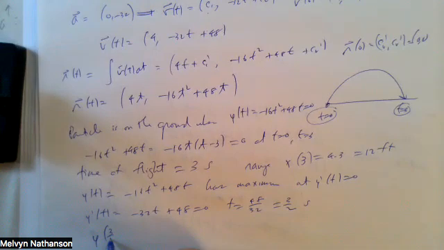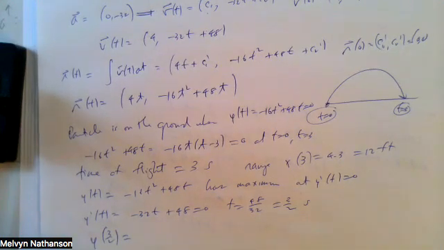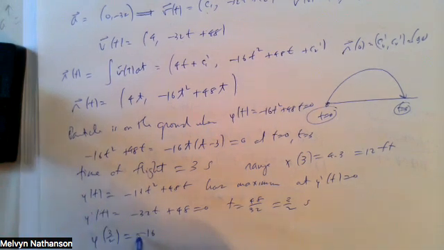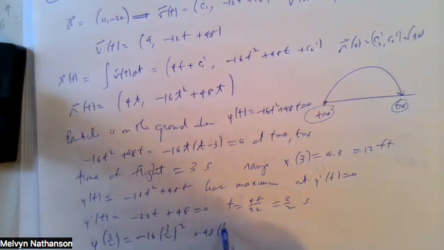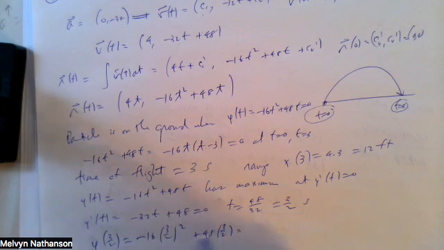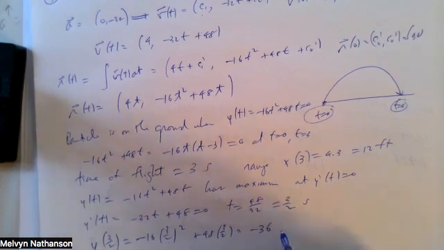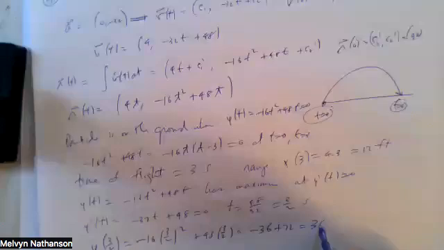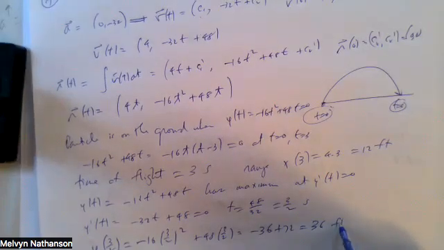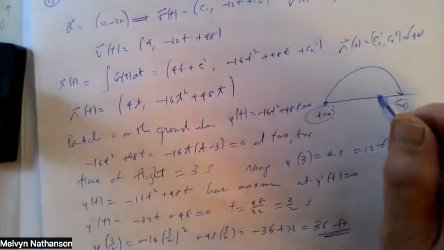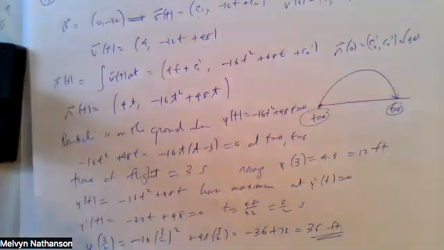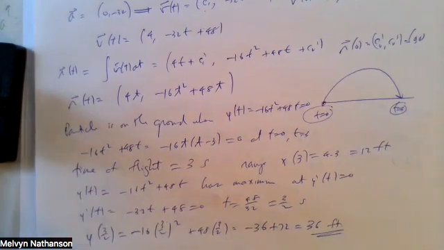And y at time 3/2 is minus 16 times (3/2) squared plus 48 times 3/2. That is minus 36 plus 72, which is 36 feet high. So at its maximum, it's 36 feet above the ground.